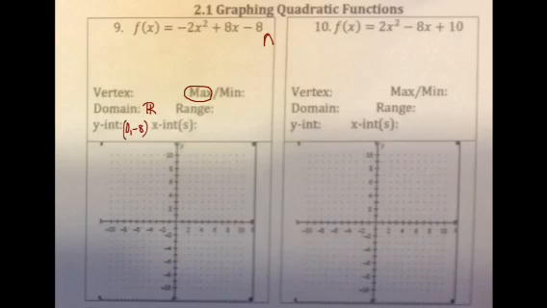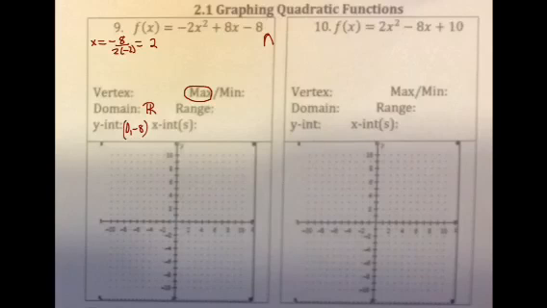Okay, we're going to look for the vertex. So it's going to be x equals -b over 2a, so -8 over 2 times -2. So that's going to give you -8 over -4, so that's going to be +2.